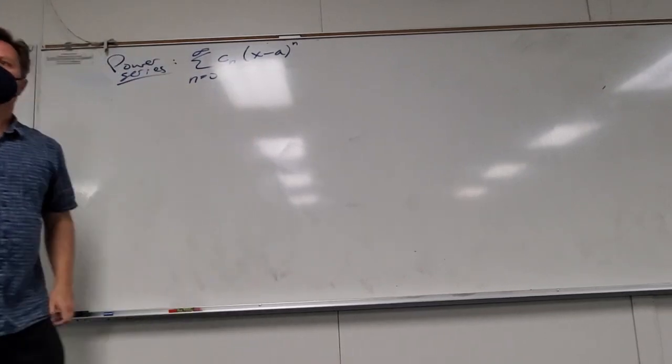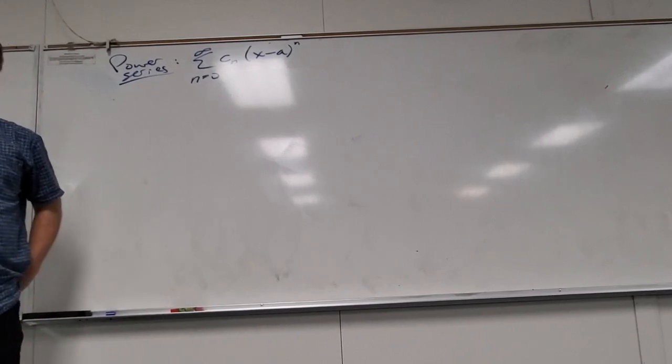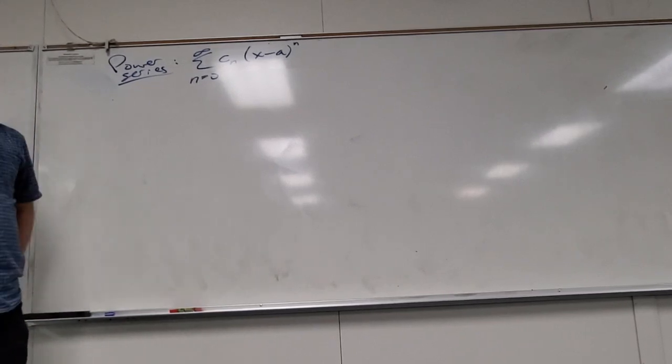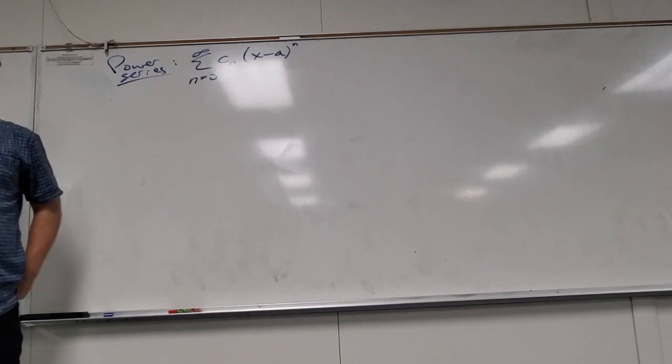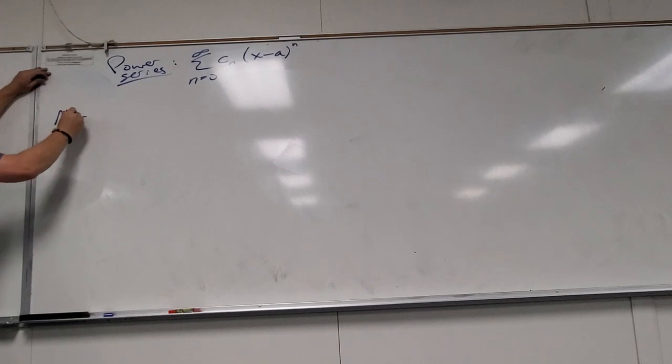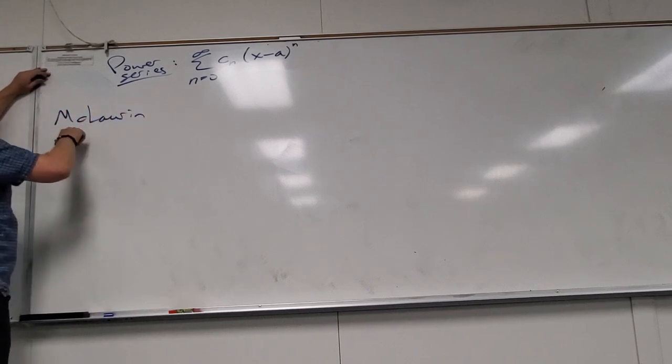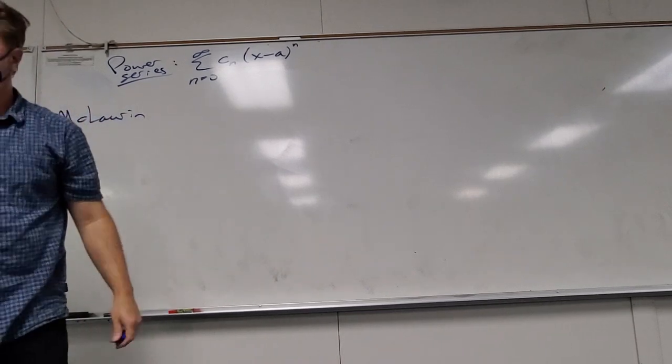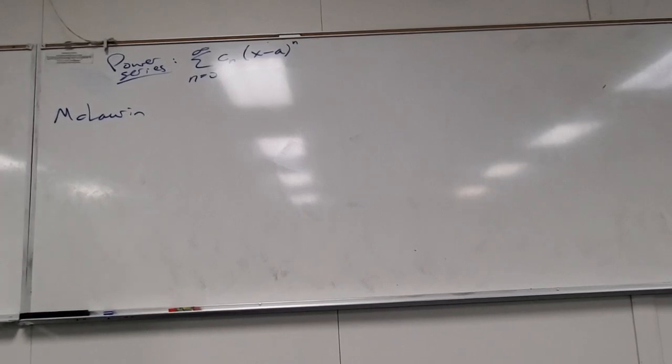Okay, so let's do the very first few that we do. Let's make it nice. What's the best value for A? 0. I love it. So let's do that. And this officially is called a MacLaurin series, which I'm going to completely misspell, because I don't know how to spell MacLaurin.